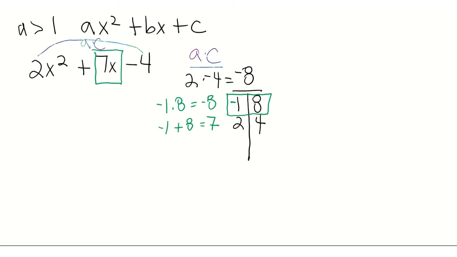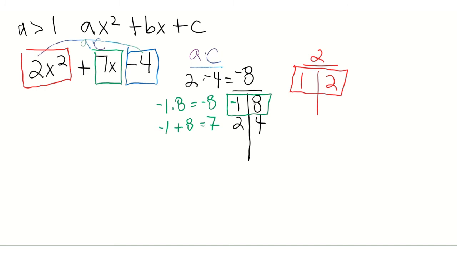Now I'm going to factor my a and my c. So a has a factor of 2, and that just has the factors of 1 and 2, so that's easy. We know we're going to be using those two numbers. And then we're going to do the factor of a minus 4.